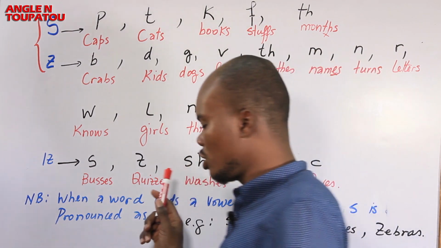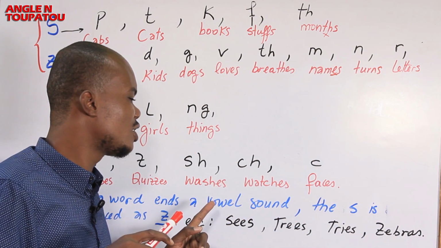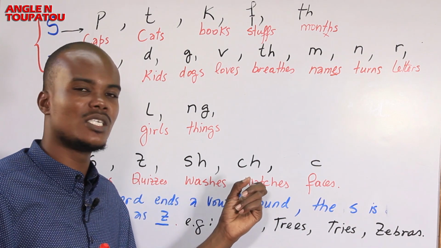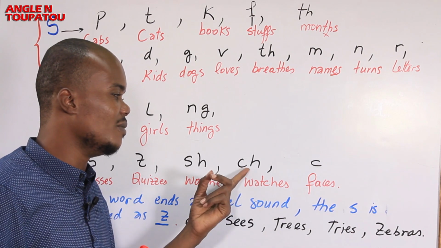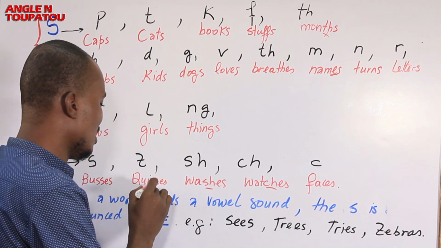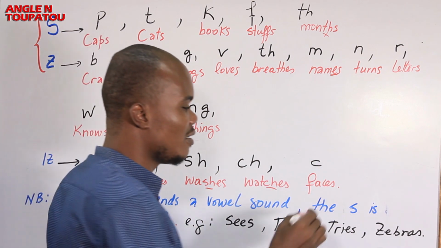And for wash, you cannot say washes or washes, you say washes. And watch, the same thing. You say watches. Terminated by CH, SH, and terminated by Z. And for C, you say faces.